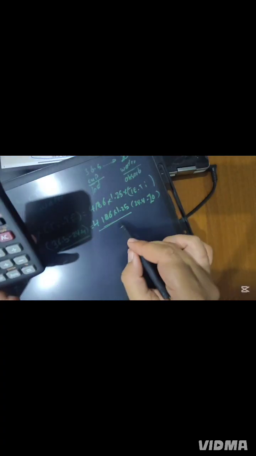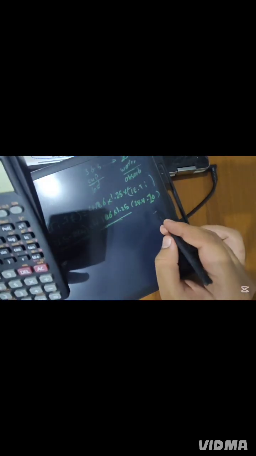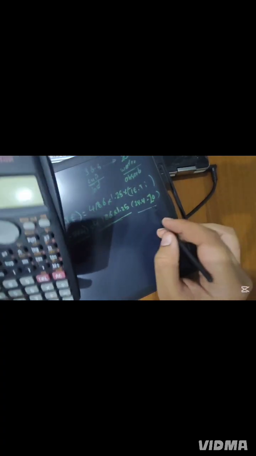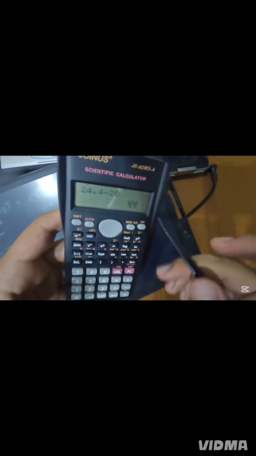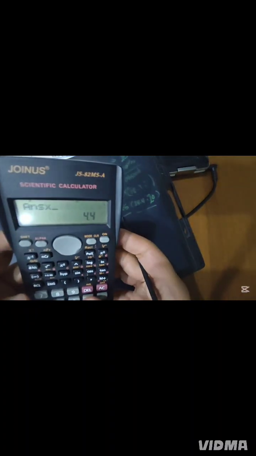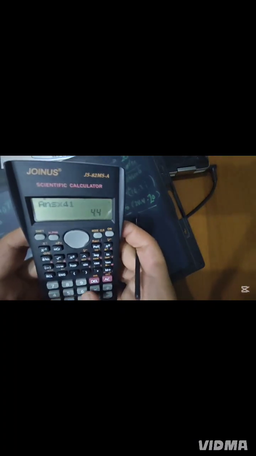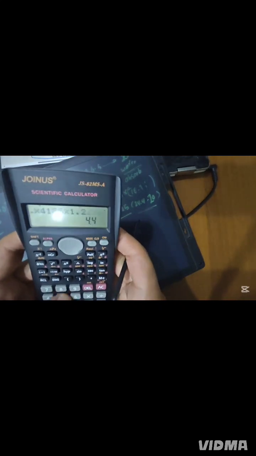Wait, not this. Wait a minute. It's better to multiply inside the bracket first. 24.4 minus 20, the answer is 4.4. Now multiply this result by 4186 and by 1.25.